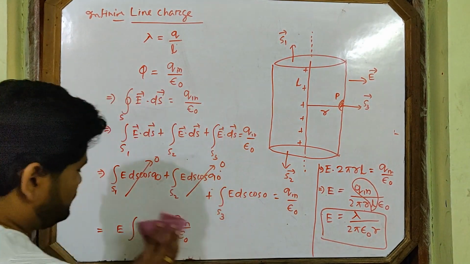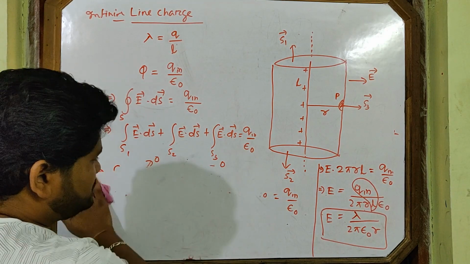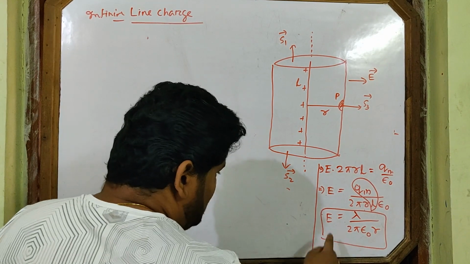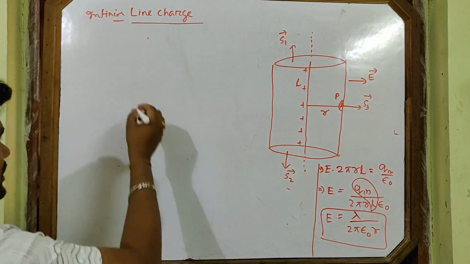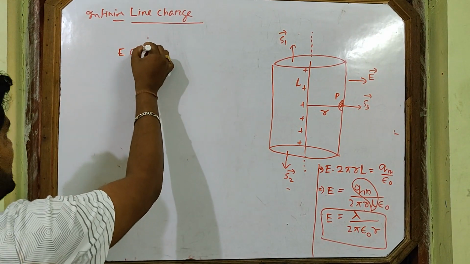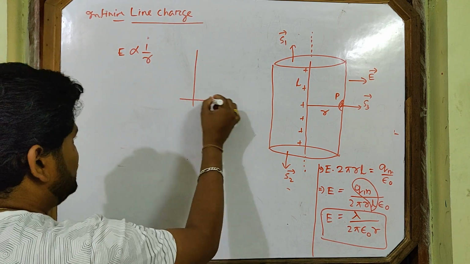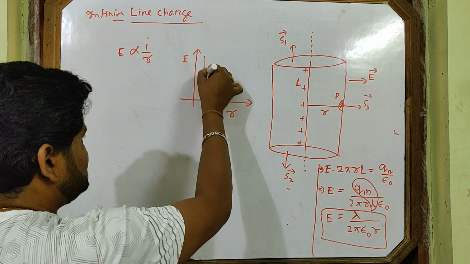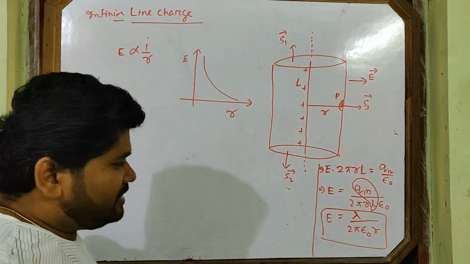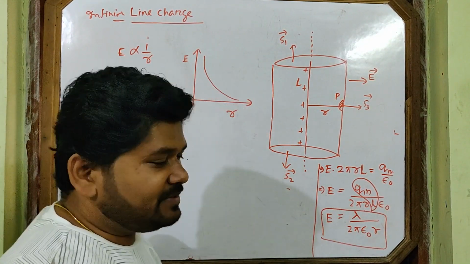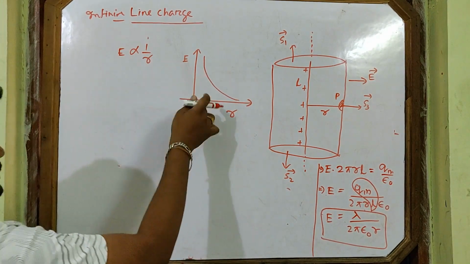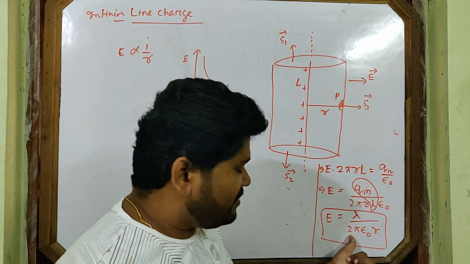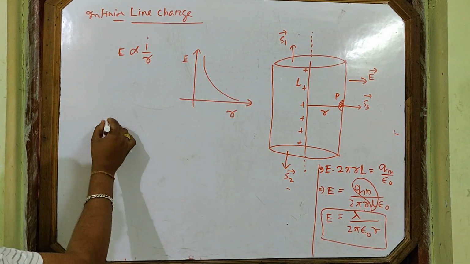But in the exam, what questions will come? The questions will be how E depends on R, and draw the graph. Very easy. Always this graph comes in the exam. E versus R. You see this is the graph. E is inversely proportional to R. So the next question will come: write its vector form.